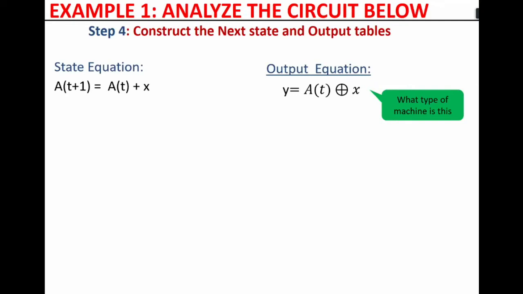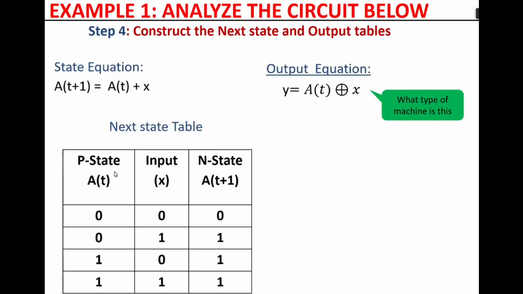Somebody quickly tell me. Okay, check that on your own. The next state table has the present state, the input, and the next state, and you get it from this equation. You fill in different combinations, 0, 0, 1, 1.